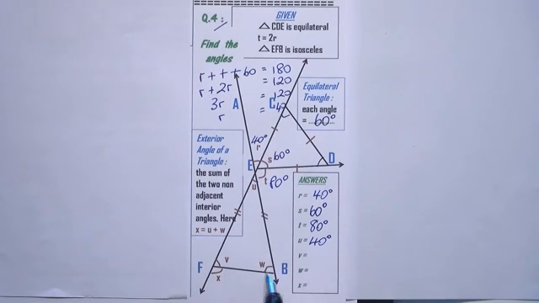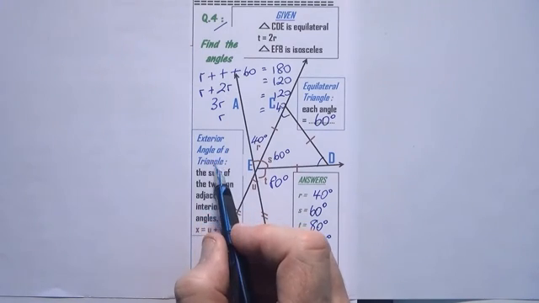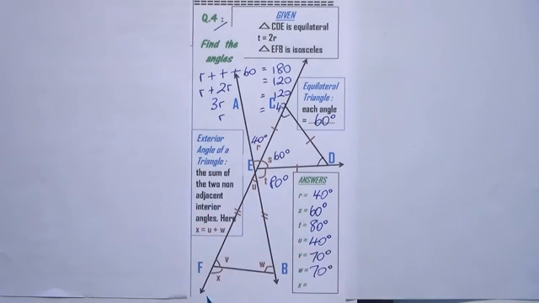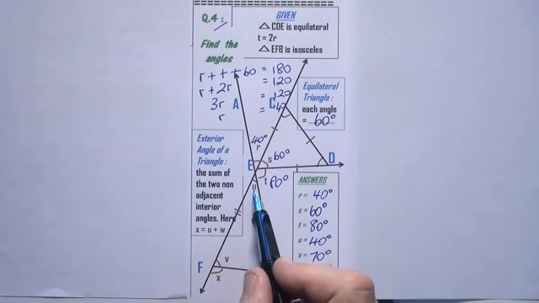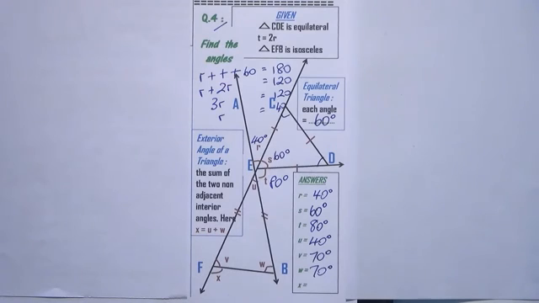So V and W will be 140 degrees over 2, 70 degrees. Angle X is called the exterior angle of a triangle. It is the sum of these two angles, U and W. And U and W is 40 plus 70 is 110 degrees.